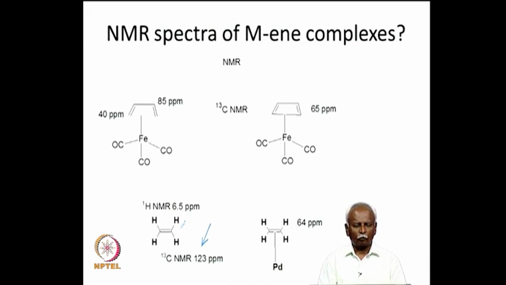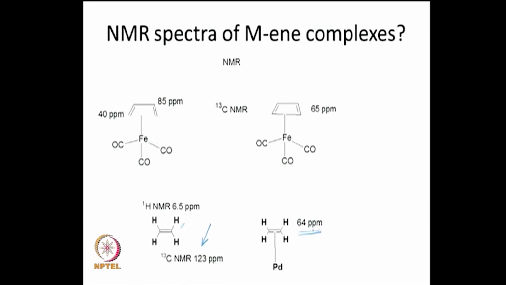Now, when you form an ethylene complex, what happens is that the carbon-13 resonance shifts down to 64 ppm, which is clearly indicating that you have a low field resonance for the free ethylene and a high field resonance for the complexed form.